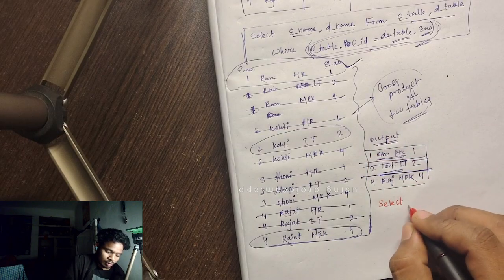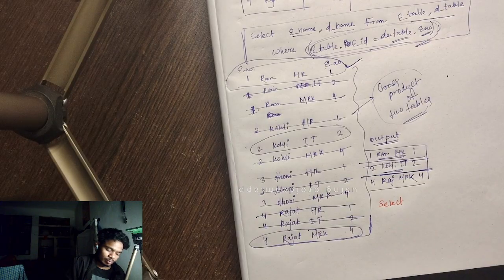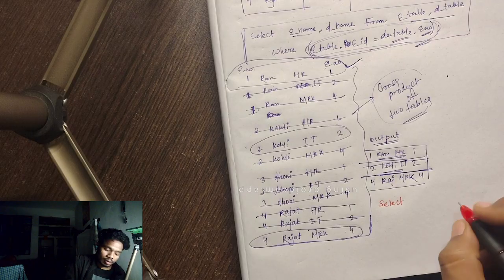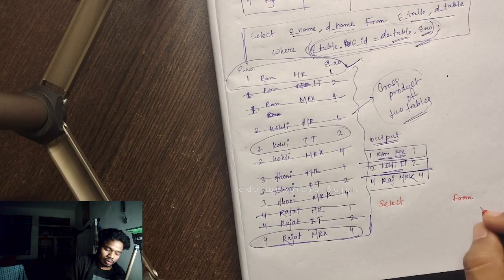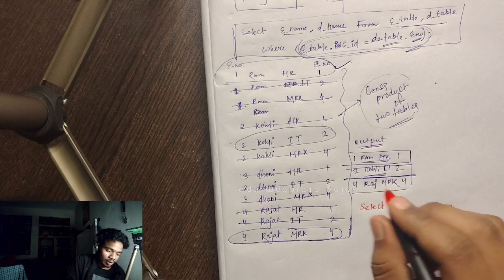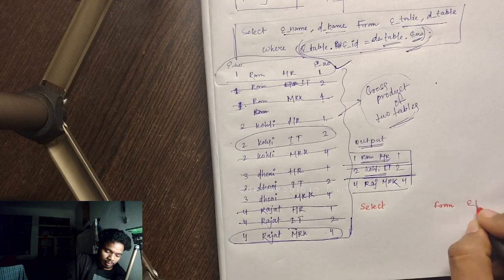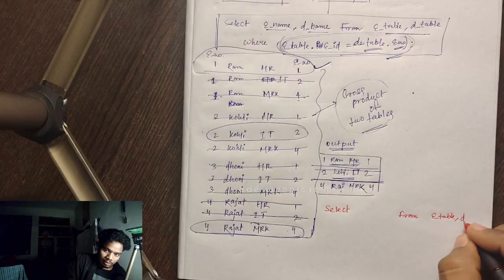First we must not write select, because from always executes first. So we have to write what executes in from: employee table cross department table.